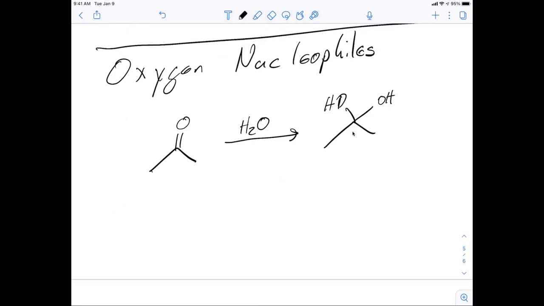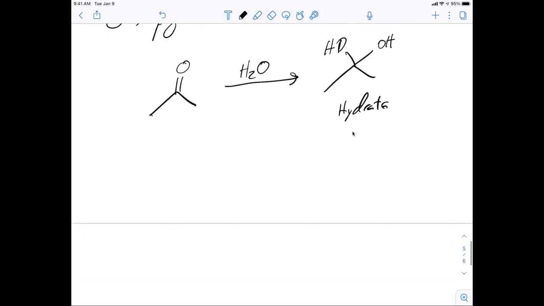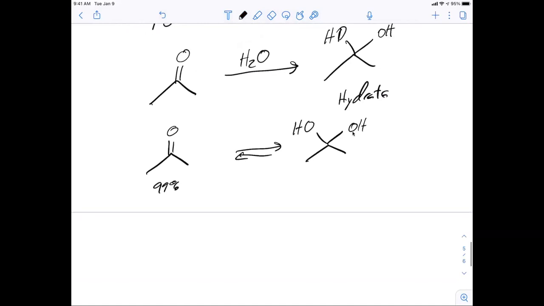If you just put a ketone or aldehyde in water, it will become a hydrate. Now, the percentage of that depends on whether it's a ketone or an aldehyde. So if we look at acetone, acetone is about 90% ketone and only about 1% of the hydrate.